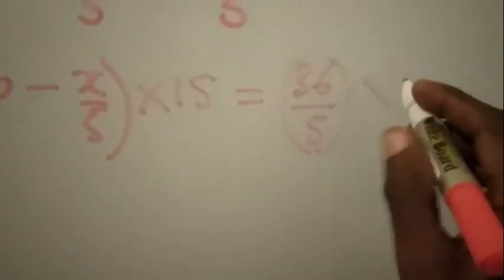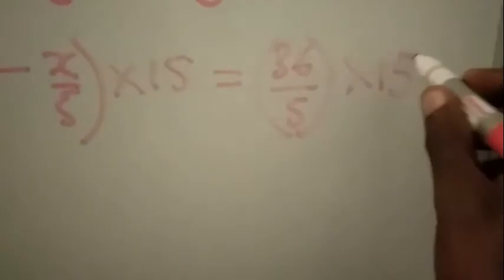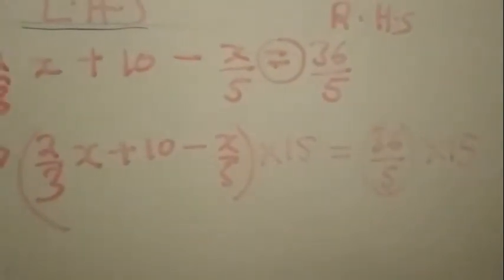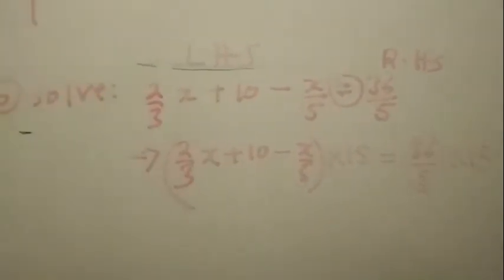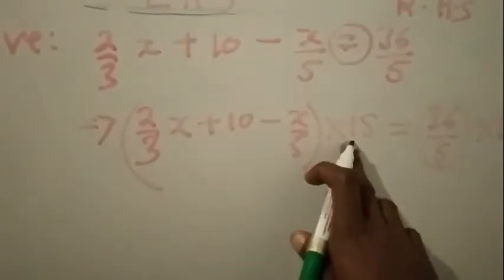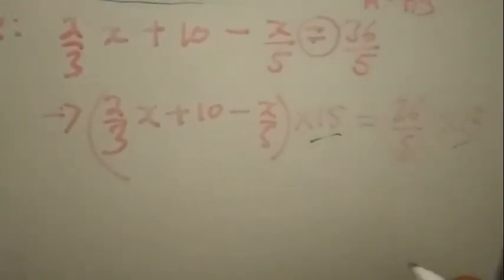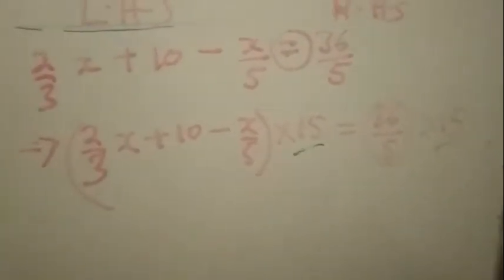You multiply by 15. Okay, now what you're supposed to do is multiply both sides of the equation by 15.